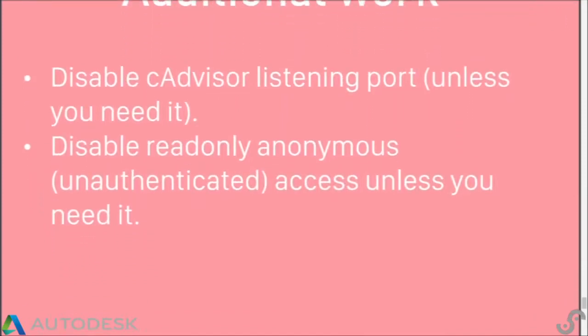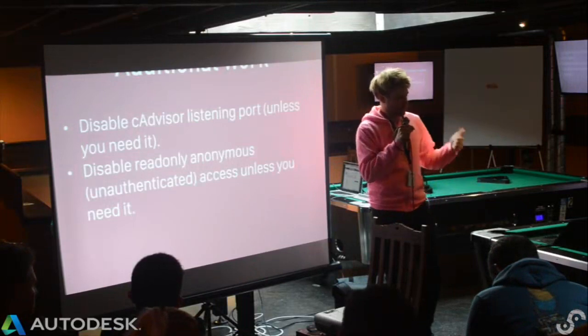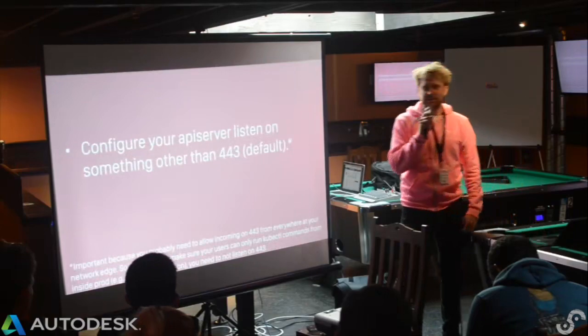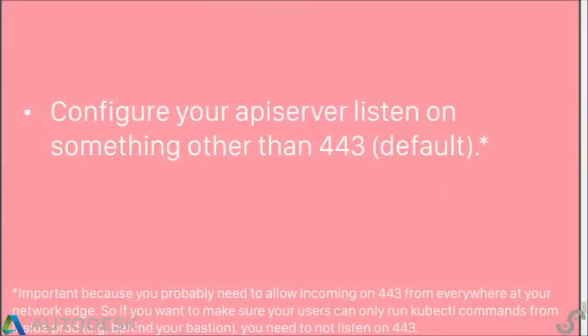Additional things you should probably do is disable that cAdvisor listening port unless you need it. I mentioned that earlier. Disable that read-only anonymous access if you don't need it. And yes, the reason you want to do this is if you are running Kubernetes in production, as we are, you probably don't want people to be able to run kubectl commands from outside of your production environment.